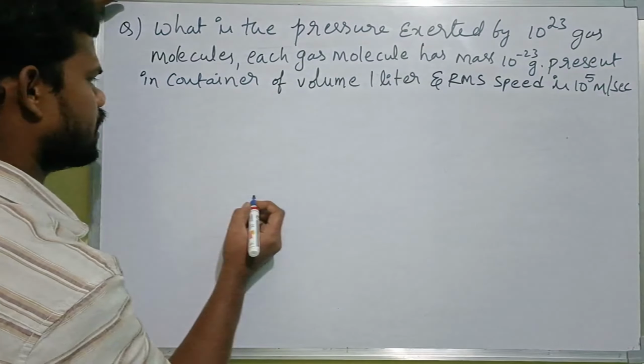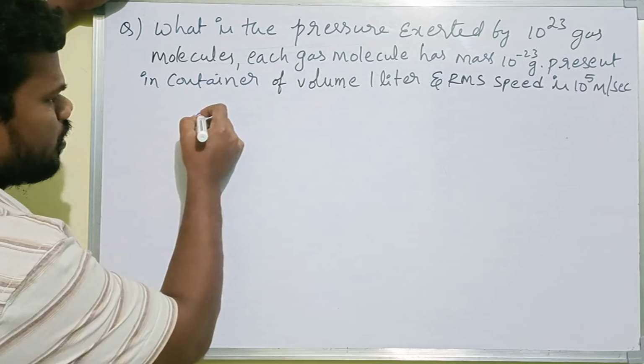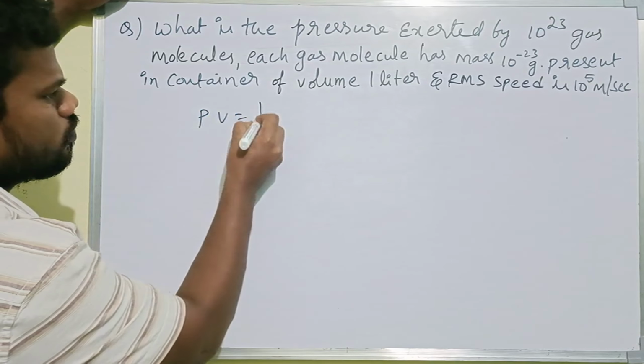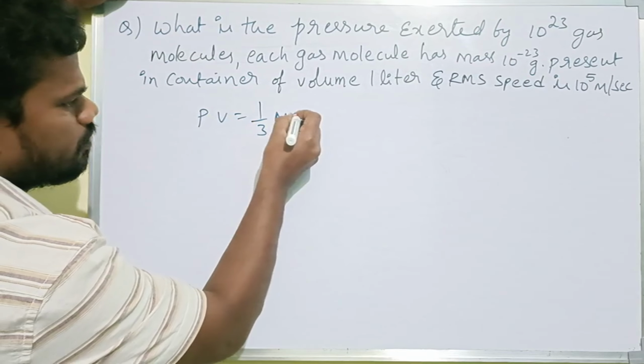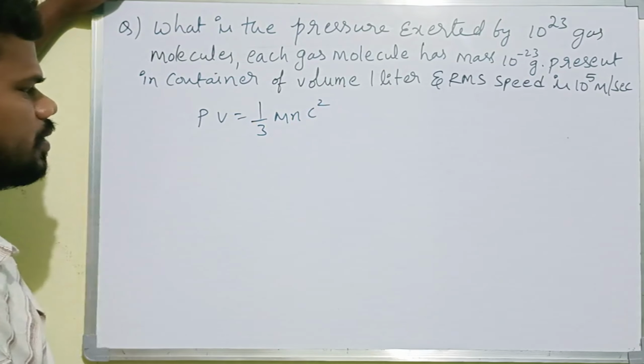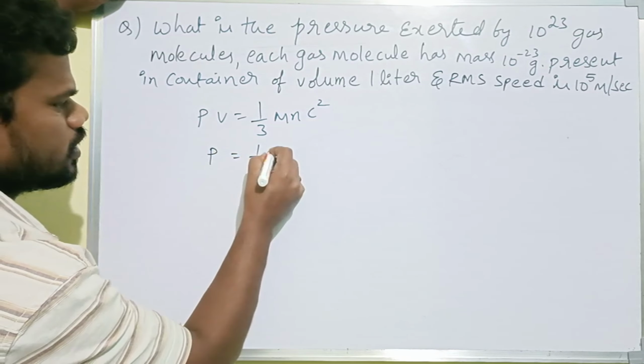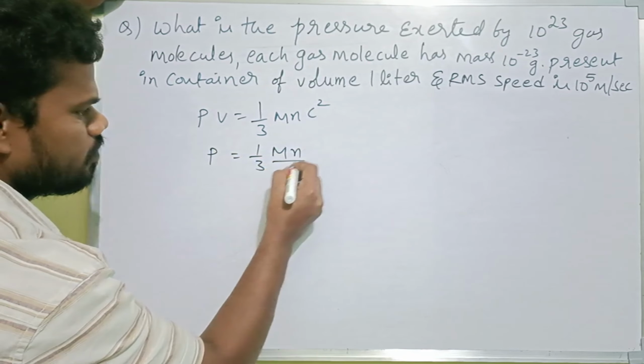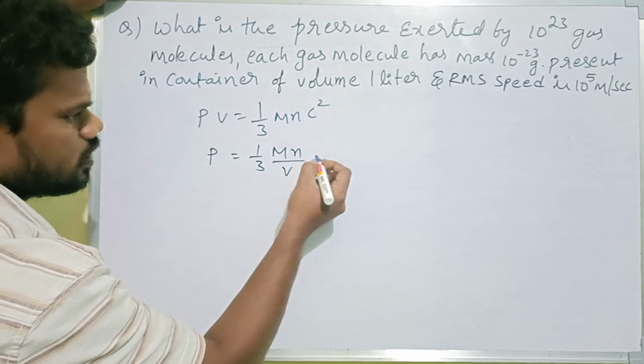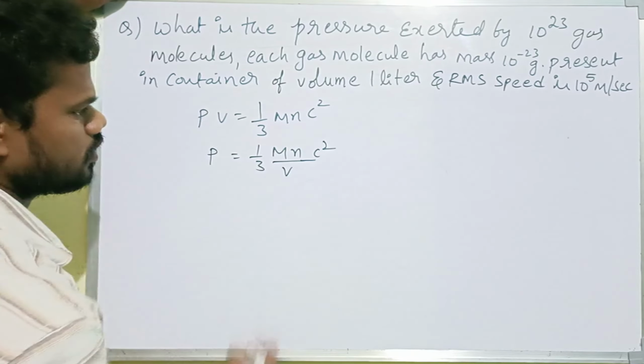We want to calculate the pressure here. We know the formula PV equals 1 by 3 mn c square. Then pressure P equals 1 by 3 mn by V c square.